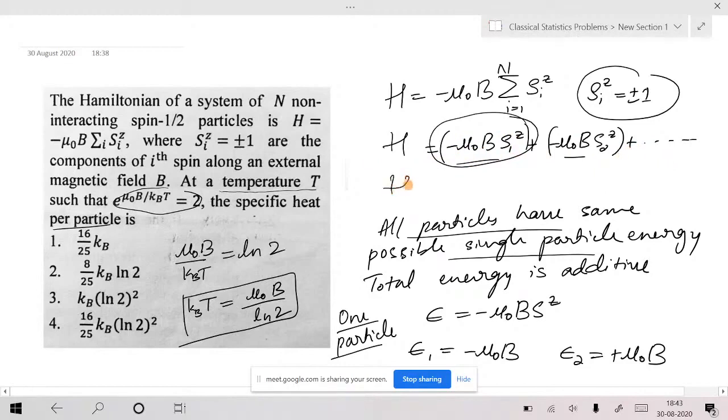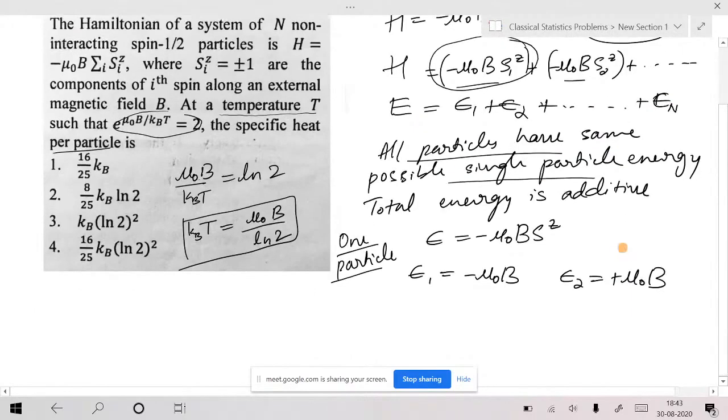I can write my total energy E for n particles as E1 plus E2 and so on up to En, is that okay? Where my E_i, the energy of the ith atom, can be either minus mu naught B or plus mu naught B.